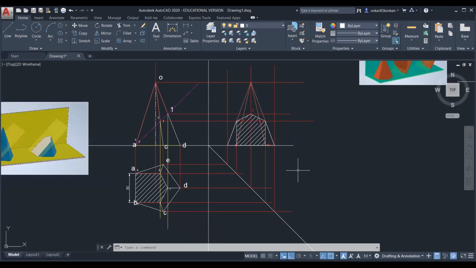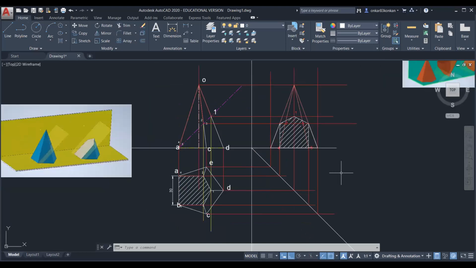Now to draw the true shape of this section, we should observe in the direction perpendicular to this line. So you can draw the true shape by taking the projector lines like this, or you can draw the perpendicular line like this.